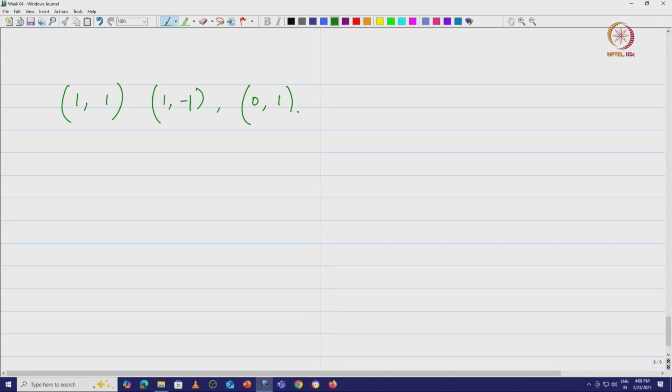Now what we want to look at is whether we can find a fixed straight line which passes through these points. Let us first mark this set of points on the xy plane and see if we can get a straight line passing through all of them. We have the x1 axis and the x2 axis, with marks 1 2 3 4, and minus 1, minus 2 and so on.